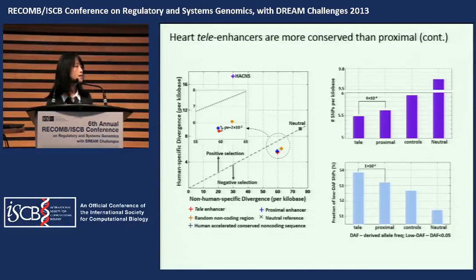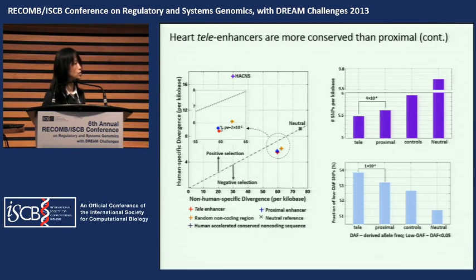And then we zoomed our study into the primate evolutionary history, and we found that this dashed line represents natural selection. The area below the dashed line means negative, and above means positive. We found that both the tele-enhancer and the proximal enhancer have a very strong negative constraint, but the tele-enhancer has even stronger selective pressure than the proximal enhancer.